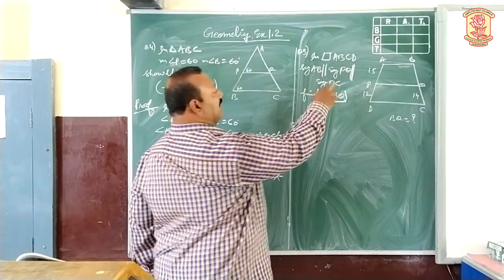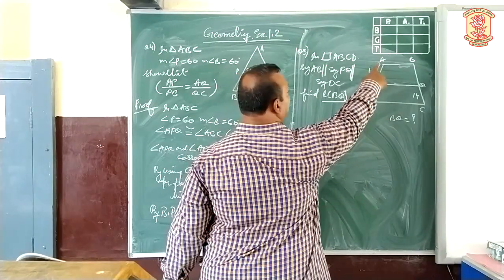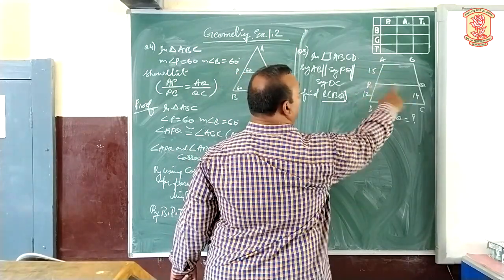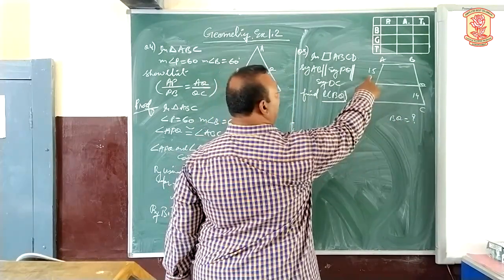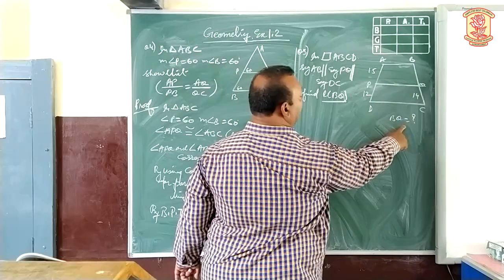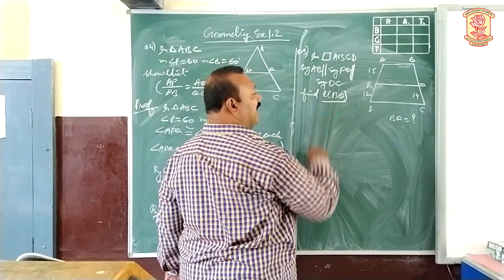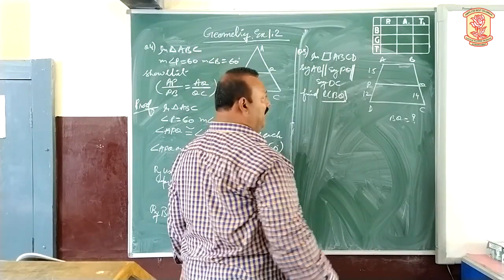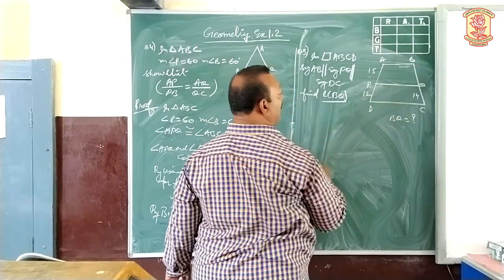Quadrilateral ABCD is given to be a trapezium in which segment AB is parallel to segment PQ, also parallel to segment DC. Value of AP is 15, value of PD is 12, BQ you are supposed to find, and length of QC is 14. What property can we make use of here?